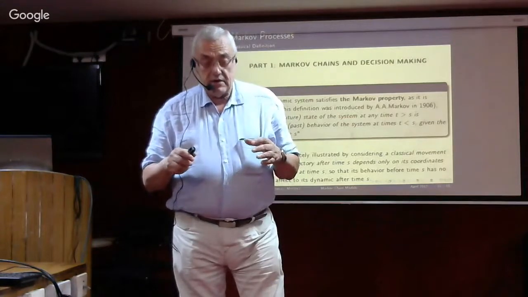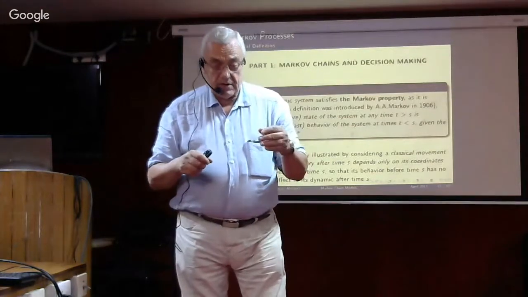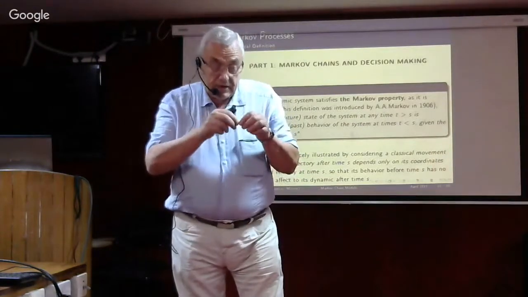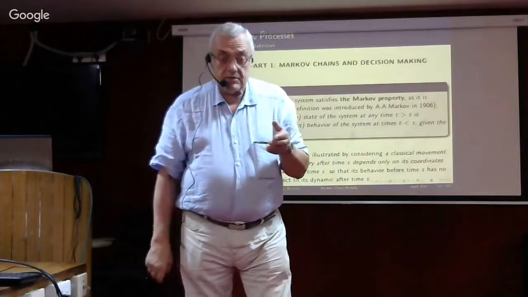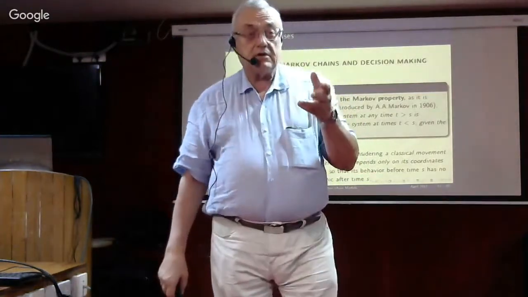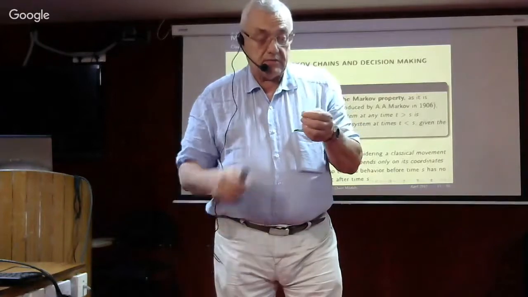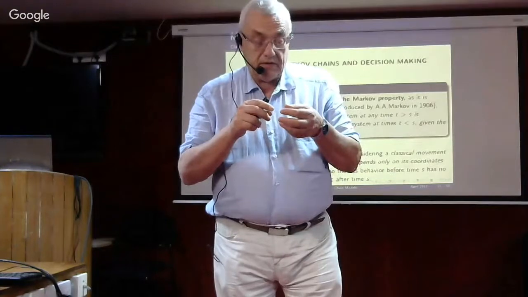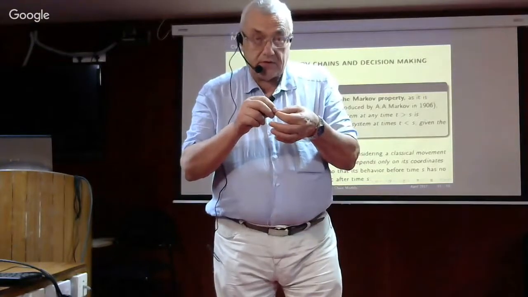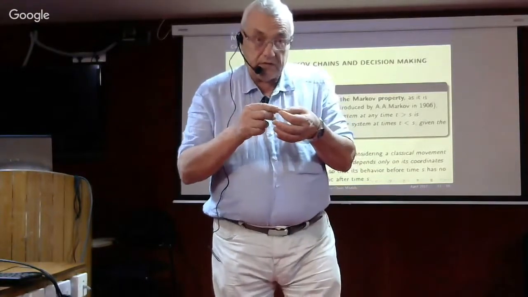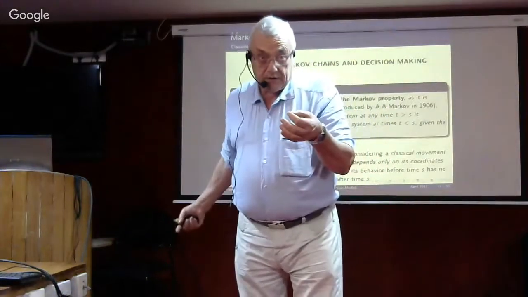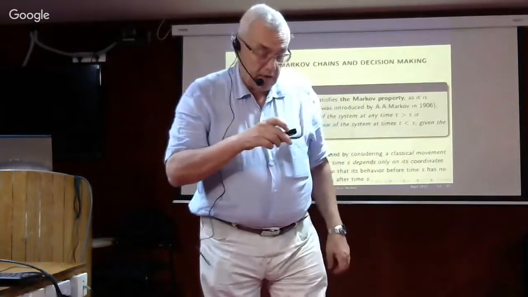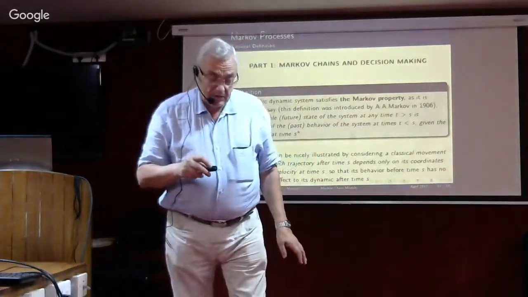It means that the future does not depend on the prehistory. It doesn't depend on how we arrived at the state where we are now. For example, take the dynamics of some mechanical system or some particle in a gas. In the state, our future dynamics does not depend on how we arrived here. It only depends on state, velocity, and so on. So these are Markov processes.